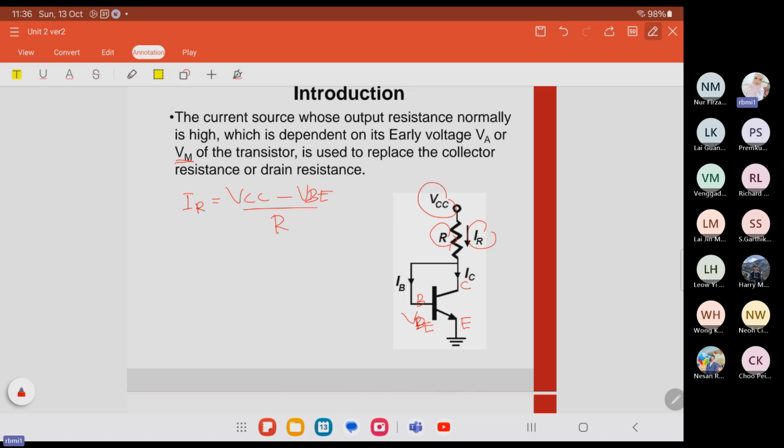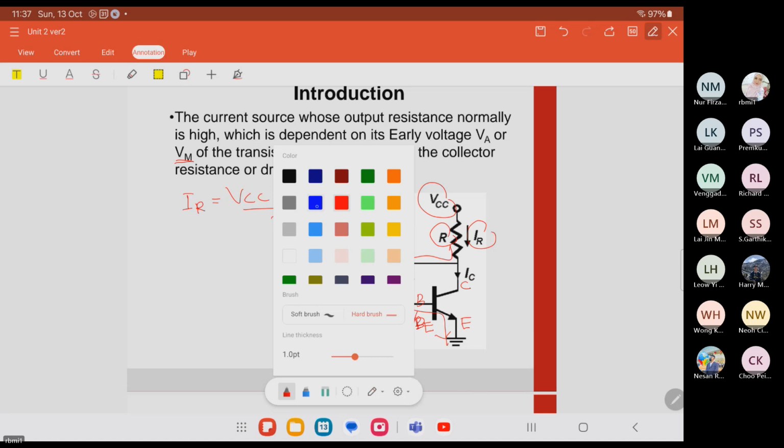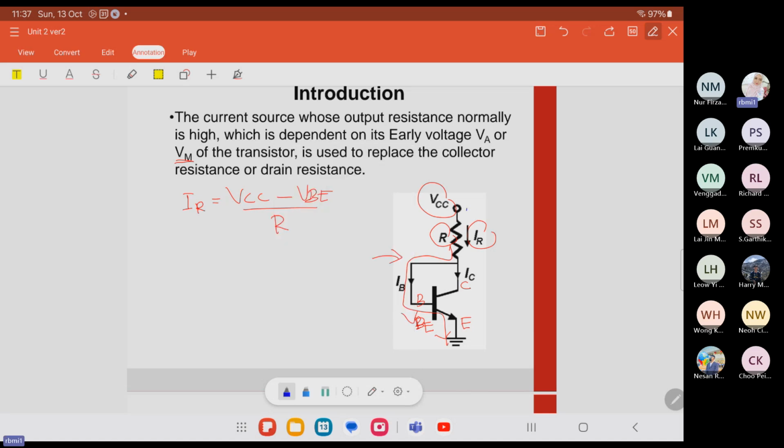Okay, so the current will flow through this path. Why? It will flow by this path rather than that path, because we know the value for VBE is equal to 0.7.